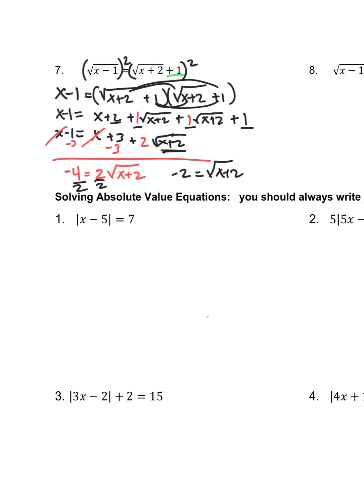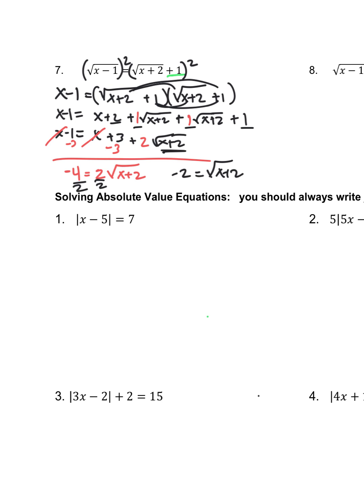I mean, we can go ahead and square both sides, but hopefully if you remember from example 1 on the other page, we said if we have a radical equal to a negative number, that can't happen, okay? So at this point is when you can say no solution and state why.